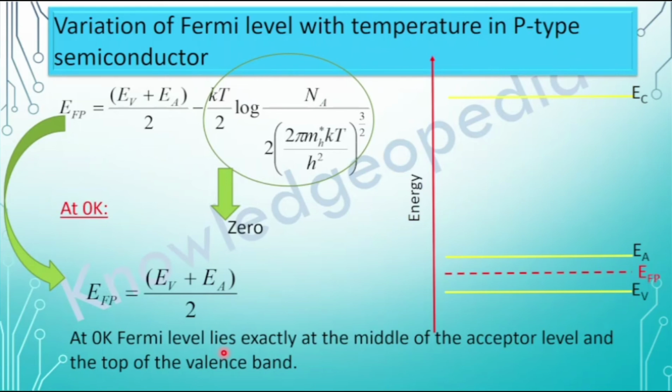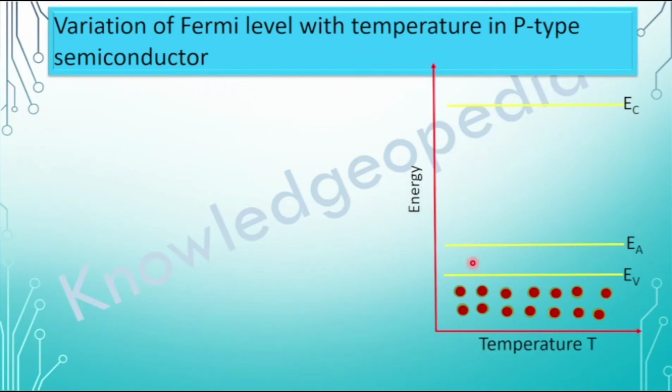Now we will look into the situation if I am increasing the temperature. Here you can see there is a small gap between the acceptor level and the valence band. So with a small rise in temperature, these electrons from the valence band, which are due to generation of electron-hole pairs, will move to the acceptor level, and these electrons will combine with the acceptor atoms.